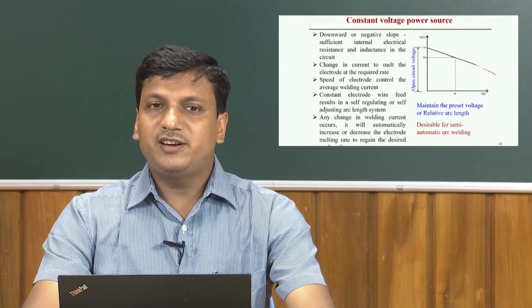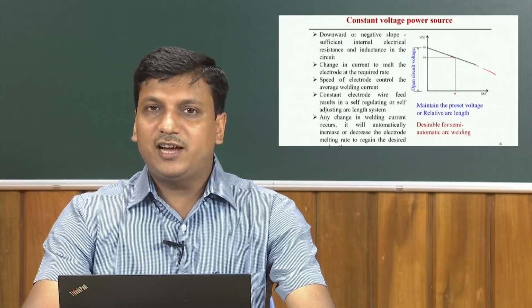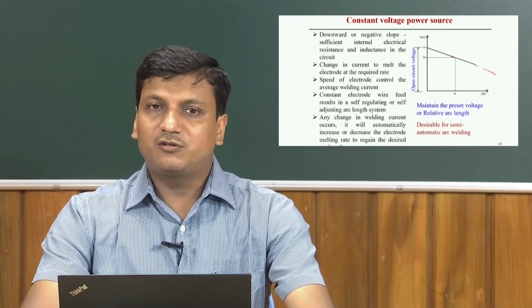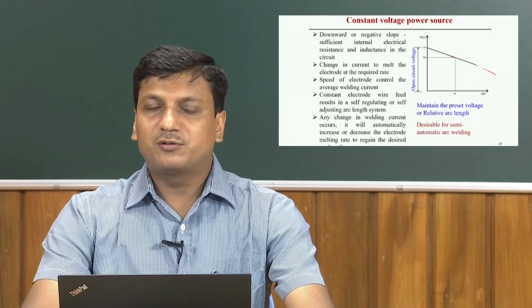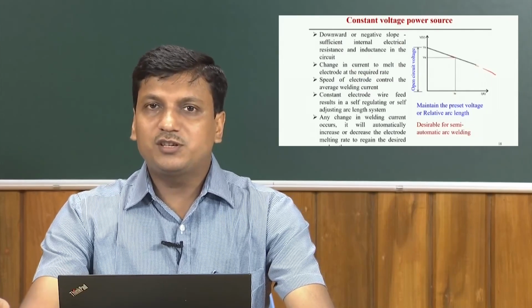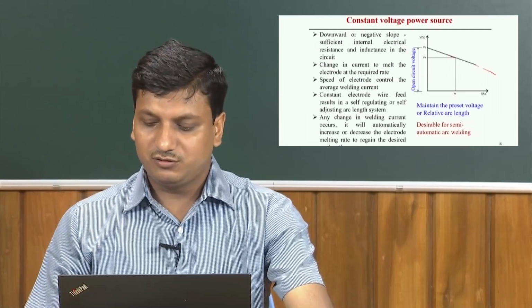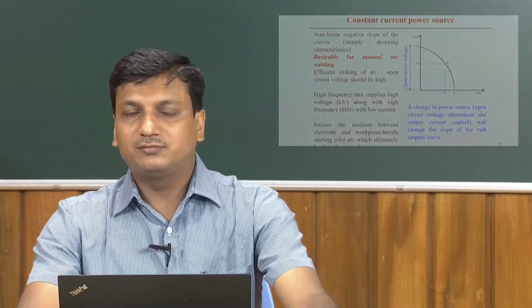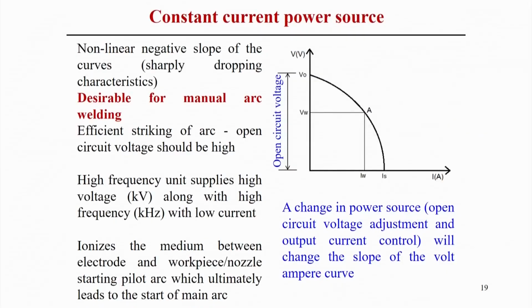Of course, it is a negative slope, and that is the desired characteristic of the constant voltage power source, and it is more suitable for the automation of the arc welding process. Now, if you look into the other type of power source, that is the constant current power source. In this case, we can see from the figure the relation between the voltage and current can be represented like that.